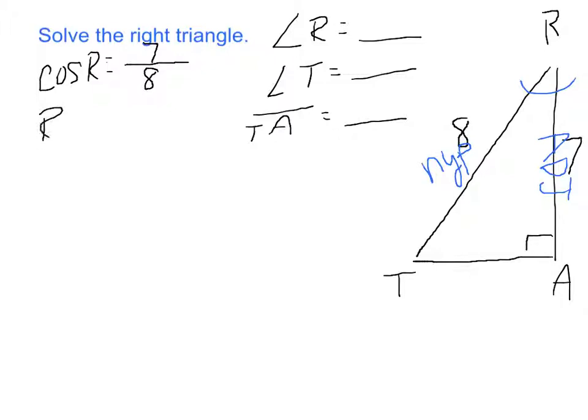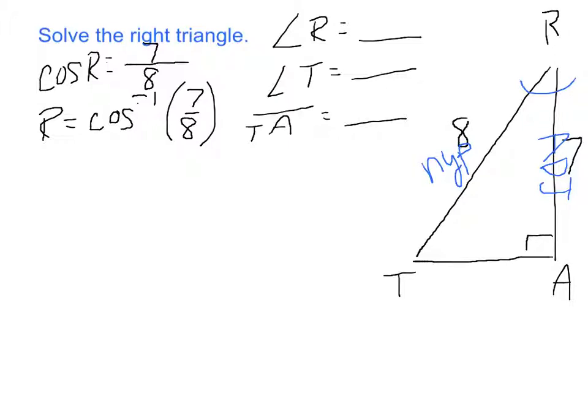R is equal to the inverse cosine, or cosine to the negative first power, which you'll find right above the cosine button on your calculator. In most calculators, you hit second or shift and then hit the cosine to get that.